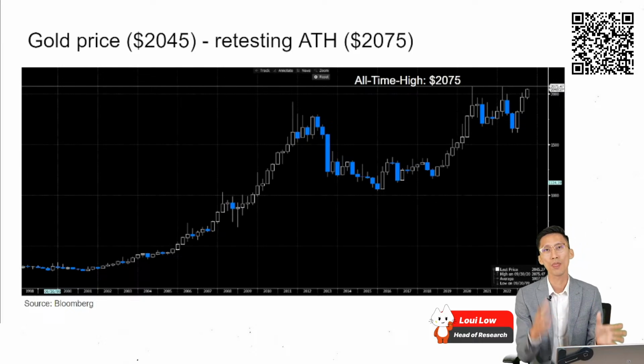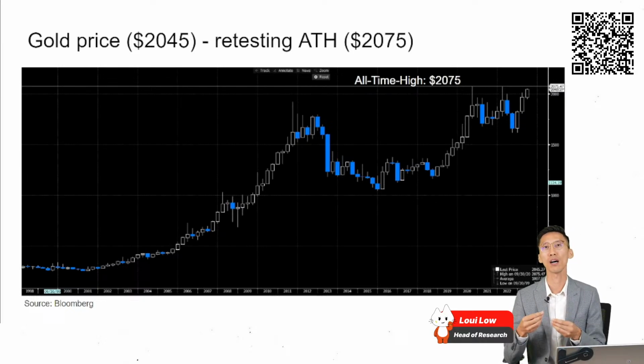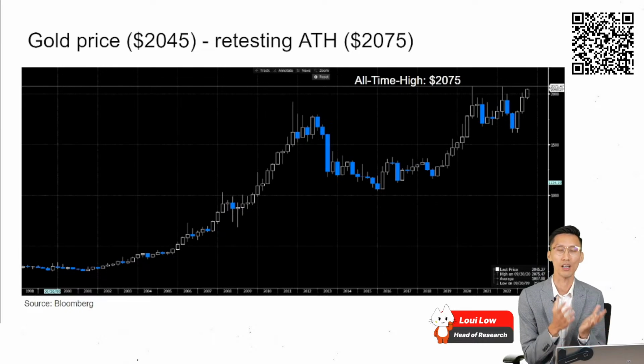So overall, we can take everything out of the stock market or the trading instrument and try to see what is the direction of the stock market. If gold prices are heading towards the all-time high zone, it means that people have some cautious sentiment out there. Therefore, they are maybe taking out their money and buying into gold, and therefore gold is surging.